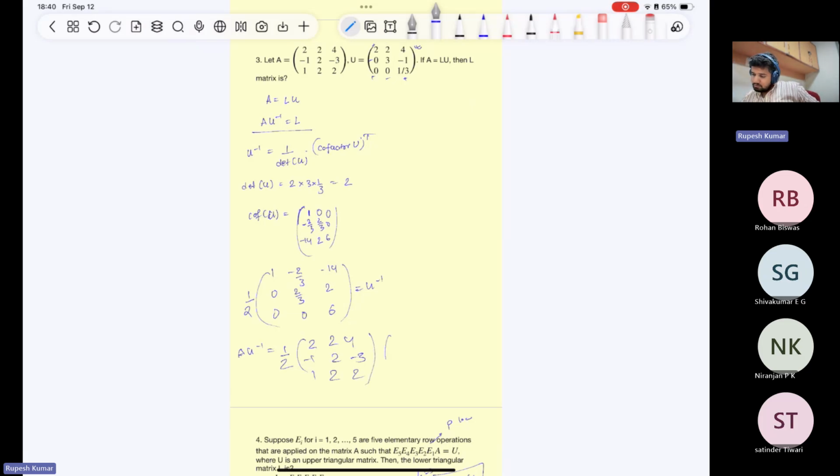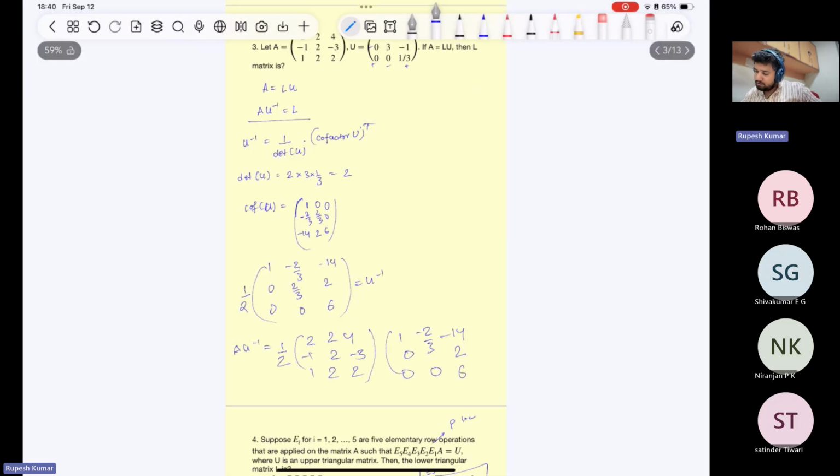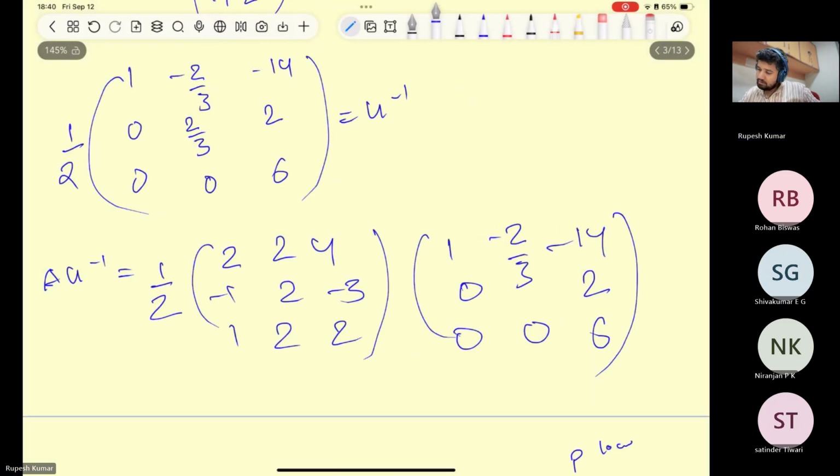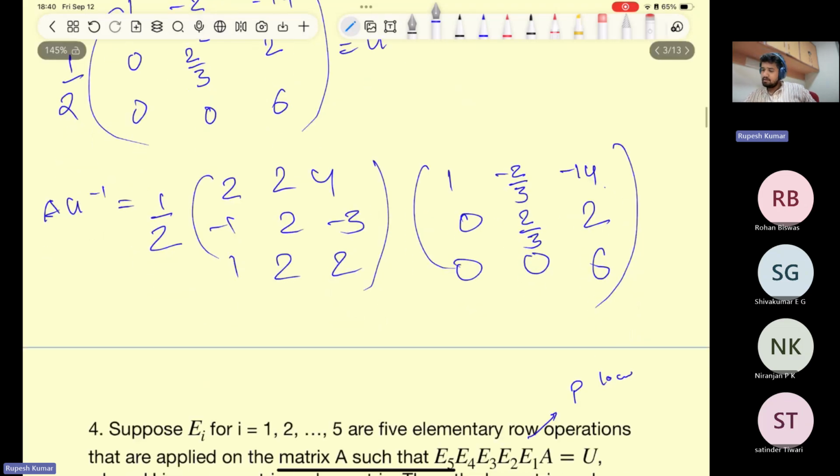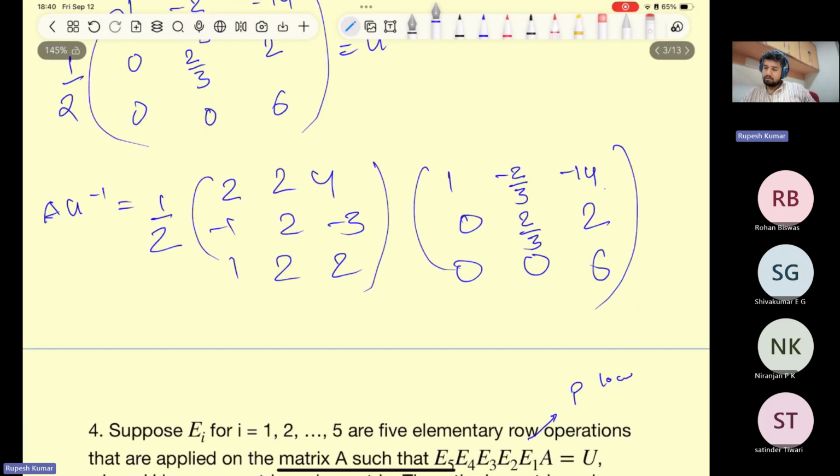And then U inverse is basically 1, minus 2 by 3, minus 14, 0, 2 by 3, 0, 0, 6, and plus 2 by 3. Just do the matrix product and you will get the answer.